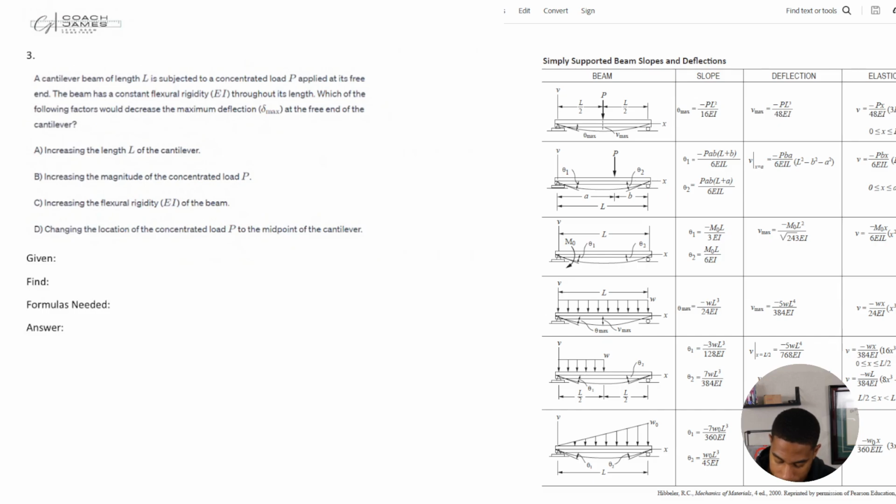Increasing the length of the cantilever, increasing the magnitude of the point load, increasing the EI of the beam, or changing the location of the concentrated load to the midpoint of the cantilever. Okay.